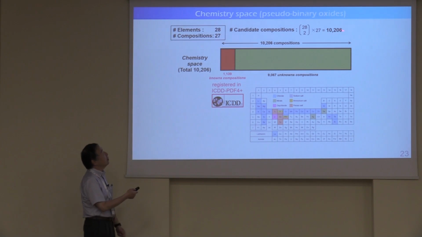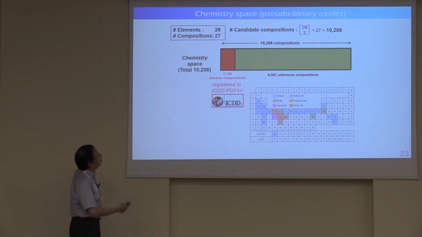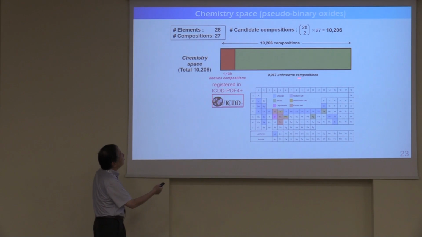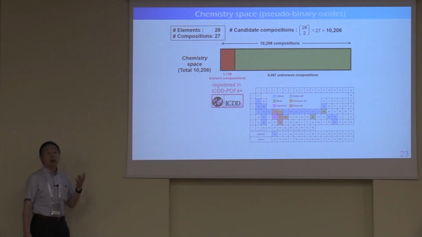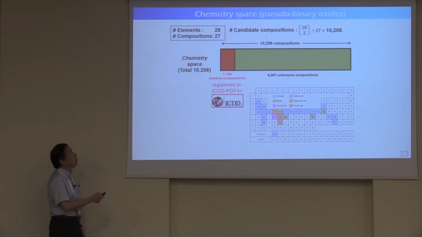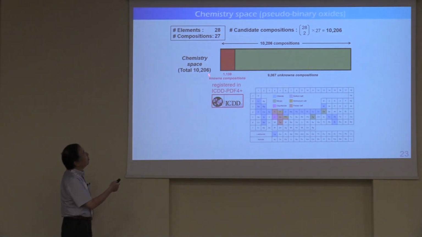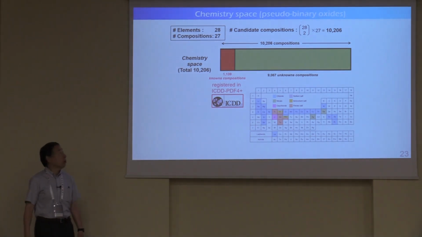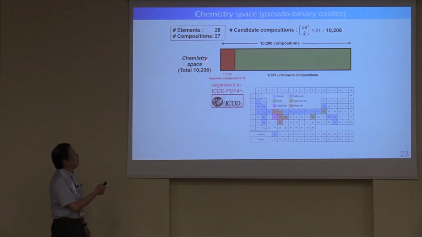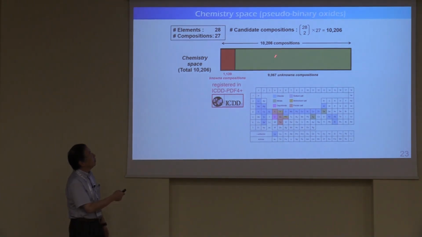Within these 10,000 chemical compositions, this will correspond to the number of known compositions that are registered in the ICDD PDF, the Powder Diffraction File. So among those 10,000, about 10%, 1,000 something, are known compositions. So they are registered. But the remaining 9,000 are unknown compositions.